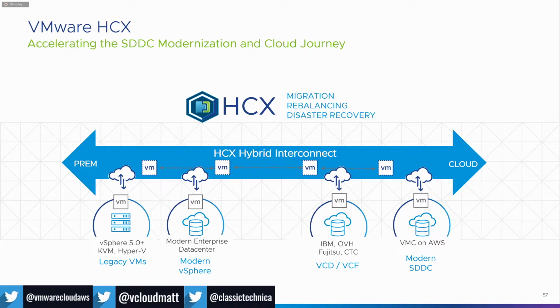So HCX, in a nutshell, has basically three main components. We show a fourth here, which is a bit of a subcomponent, but the main component starts with a manager. Each side gets a manager. In VMware Cloud on AWS, it's automatically deployed when you select to enable HCX on your SDDC.